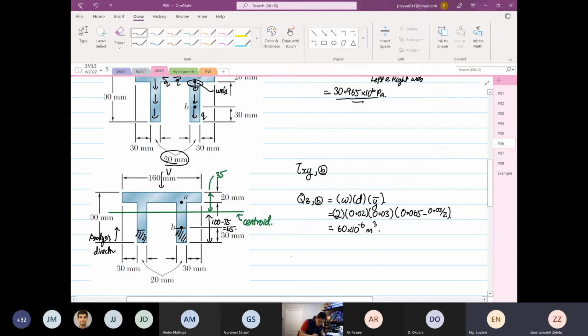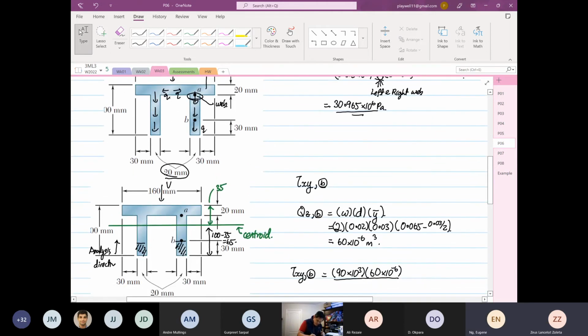So shear XY at point B is equal to 90 times 10 to the power 3, your Q is 60 times 10 to the power minus 6, divided by 5.813 times 10 to the power minus 6, and then twice for left and right, thickness is equal to 0.02.